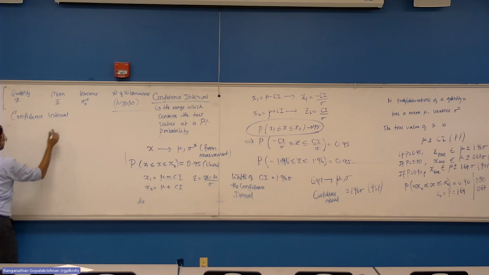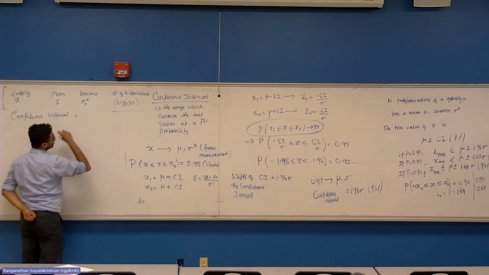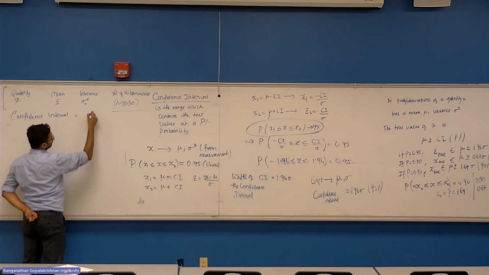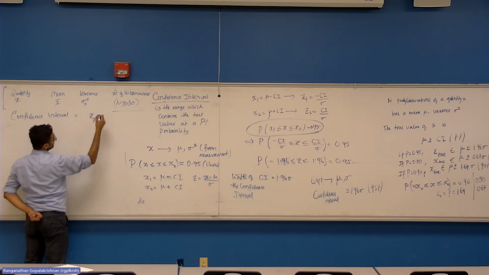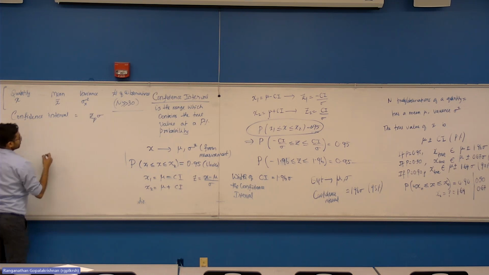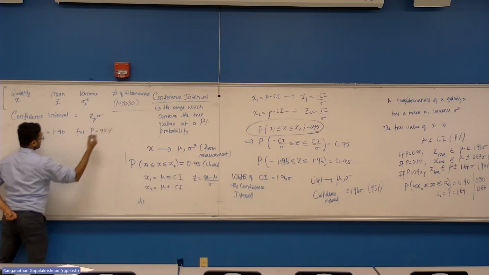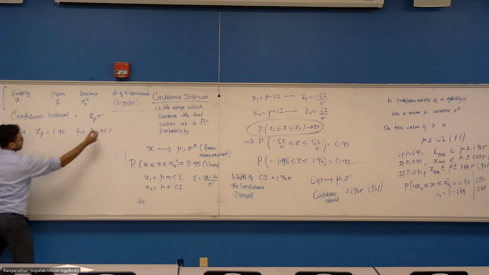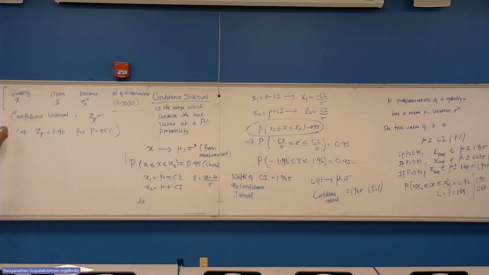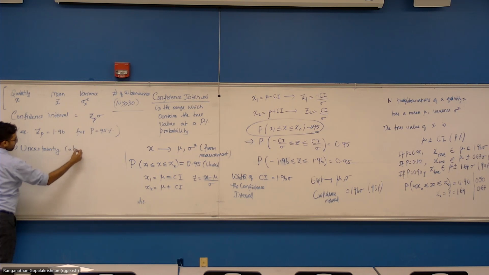So confidence interval is equal to the value of z, which gets you a certain probability, multiplied by sigma. Zp equals 1.96 for p equals 95%, for example. This confidence interval is also called uncertainty.